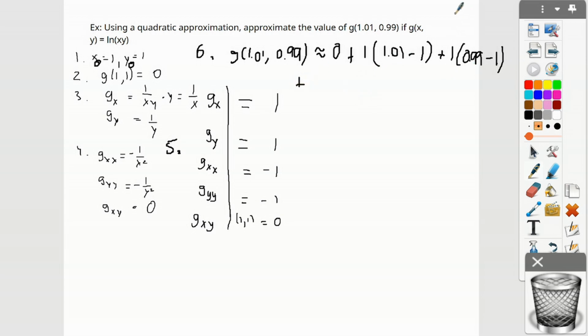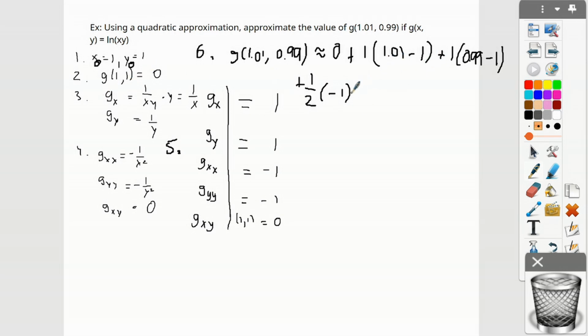Now we go on to crunch time with the squared components. So it will become 1/2 times g sub xx, which is negative 1 over x squared, which is negative 1, times x minus x0 squared. What's x minus x0?